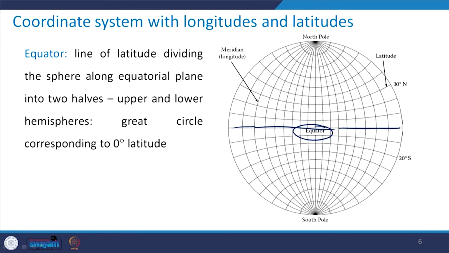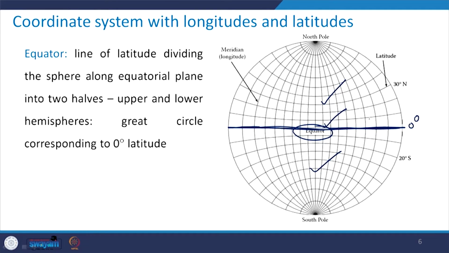This equatorial plane divides the sphere into two halves: one is the upper hemisphere, another one is the lower hemisphere. The great circle corresponding to 0 degree latitude is going to represent the equator. Keep that in mind.